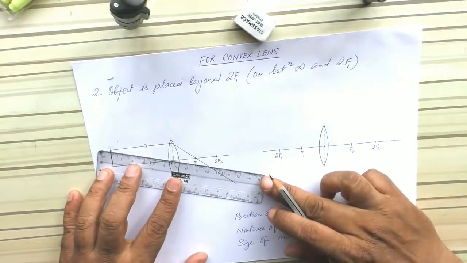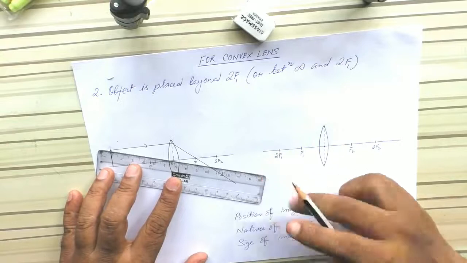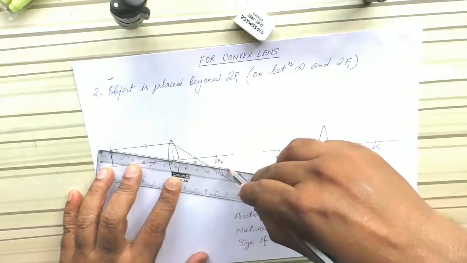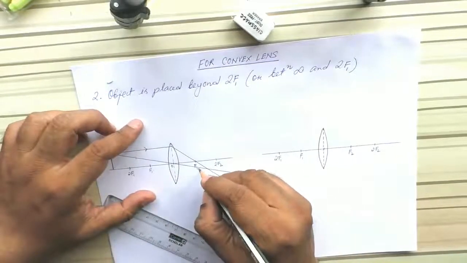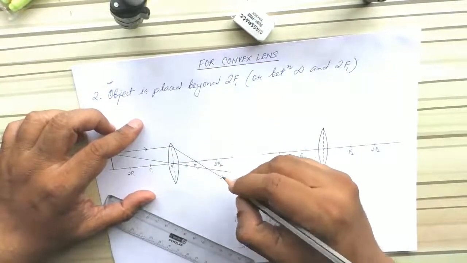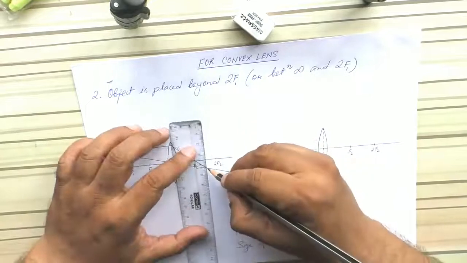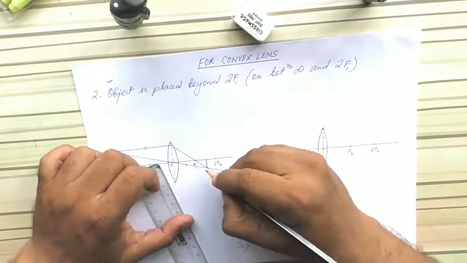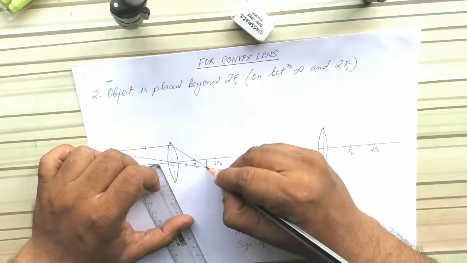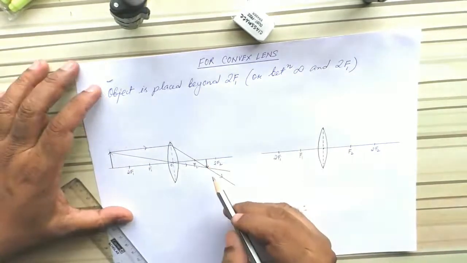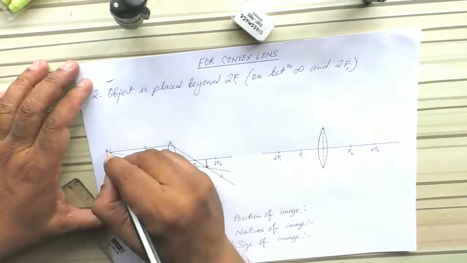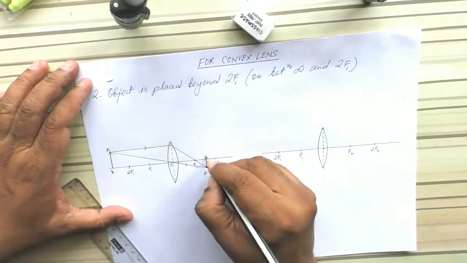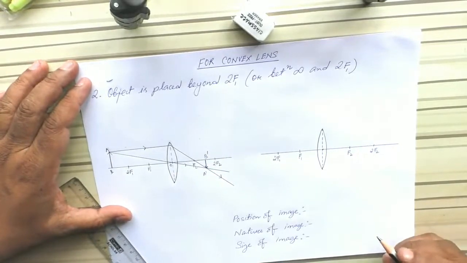If a ray of light passes through optical center, it passes straight without any deviation. So after reflection, the two light rays converge at a point between focus and center of curvature, and we can draw the image by drawing the perpendicular on principal axis like this. So if AB is the object, we can write A dash B dash is the image.